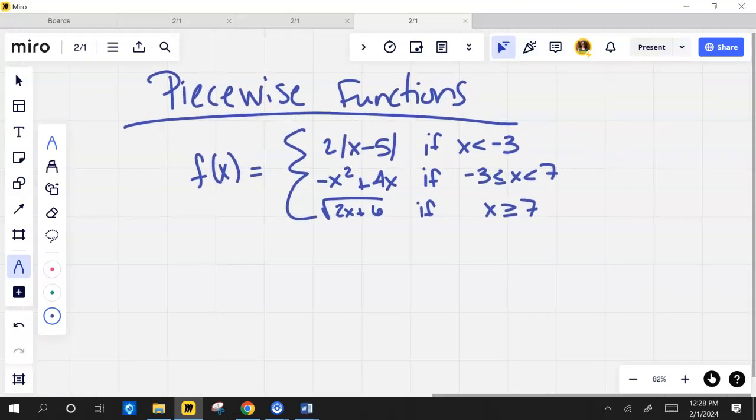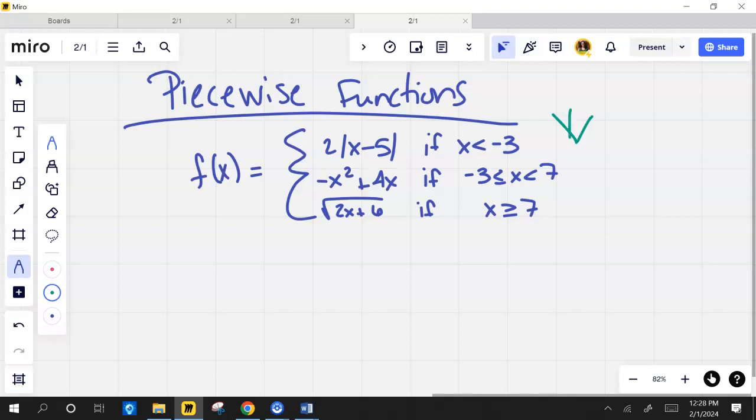All right, y'all ready? This is a piecewise function, and it's called a piecewise function because it's made up of pieces of different functions, okay? We know that this is an absolute value. That's one of the parent functions you have to know. That's a V, right? But it's only a piece of the V. It's only whenever x is less than -3.